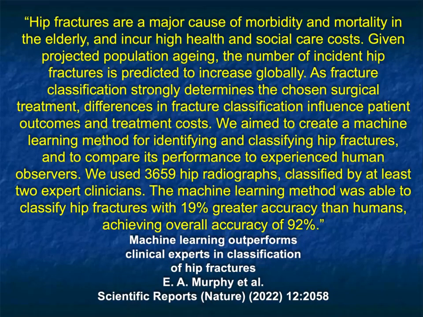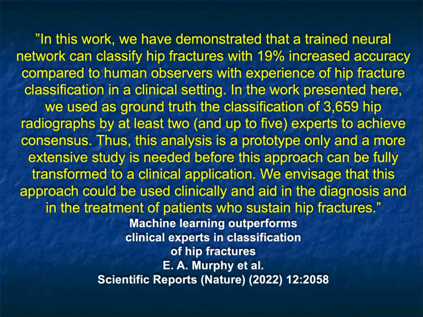They used 3,659 hip radiographs classified by at least 2 experts, and the machine learning method was able to classify hip fractures with 19% greater accuracy than humans, achieving an accuracy of 92%. So again, this is on plain films, but in this prototype, we were able to show that it was better than radiologists, okay?